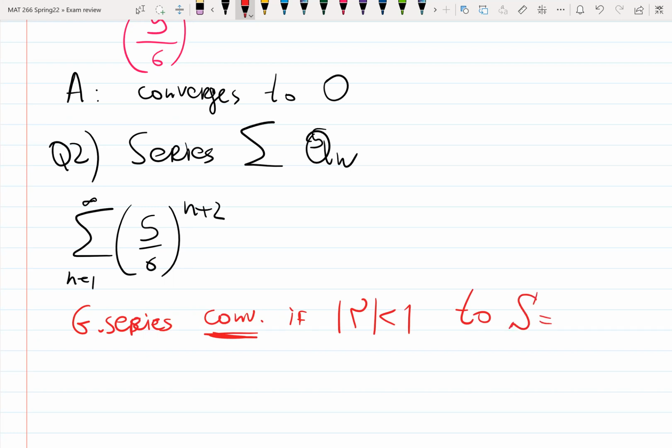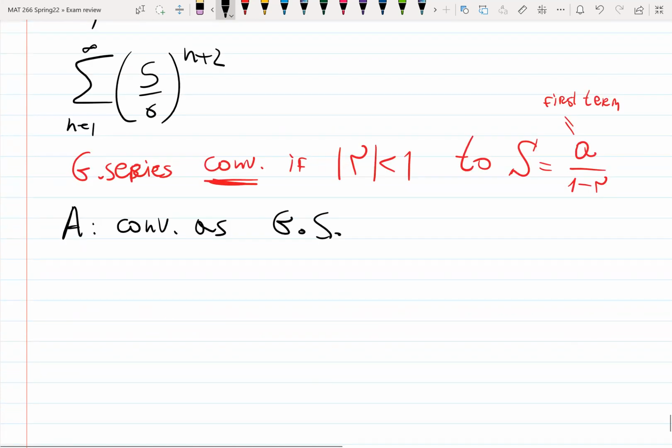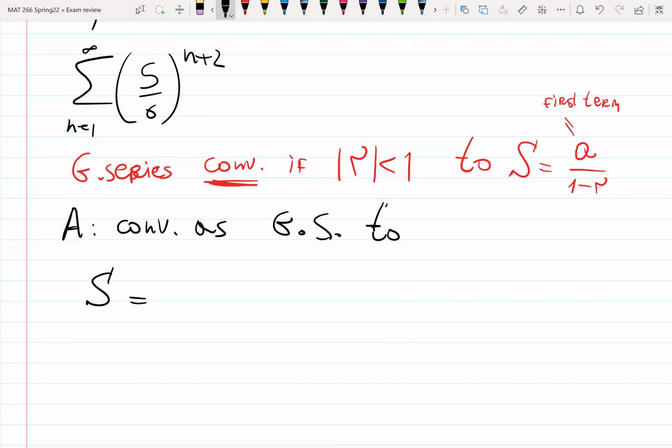And then it converges to a known number called a sum S. Capital S means sum: a, the first term, over 1 minus r. A is the first term, and r is 5 over 6 here. So the answer is converges as a geometric series, GS. That's a very common notation. It shrinks so fast that the sum is the first term over 1 minus r, which is 1 minus 5 over 6.